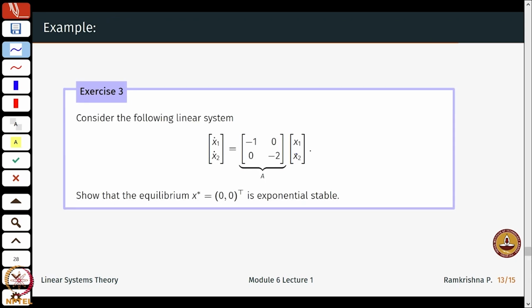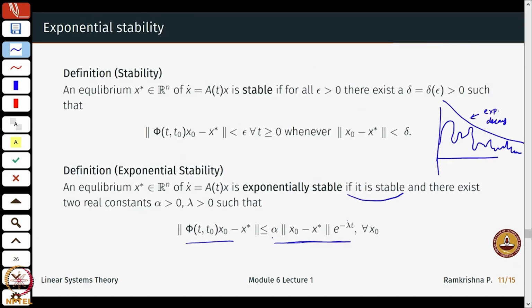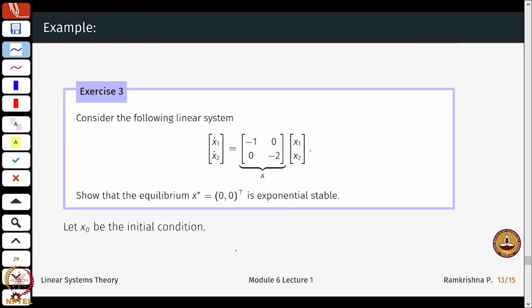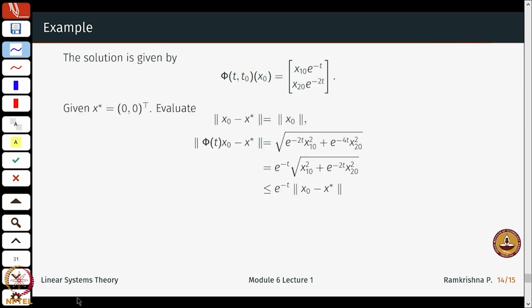Again I come back to this system. Now I want to verify if this is exponentially stable, and if it is, what could be the values of this alpha and lambda. I'll again skip the initial condition and the little computations. Again t naught could just be t naught equal to 0.